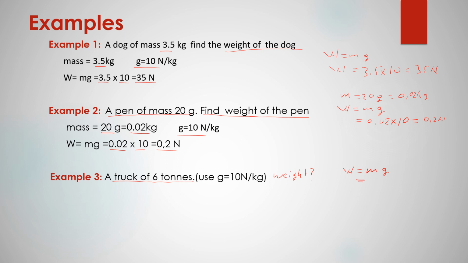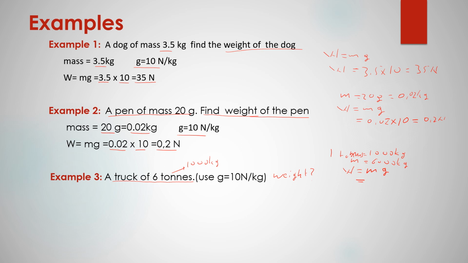So what is the mass? The mass is 6 ton. 1 ton is equal to how many kilogram? 1 ton is equal to 1000 kilogram. So 6 tons is 6000 kilogram.